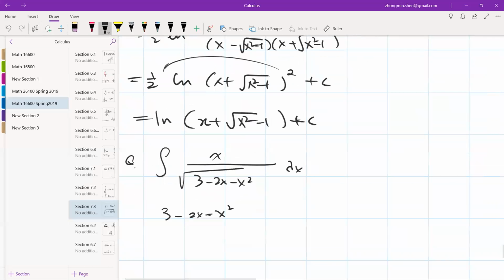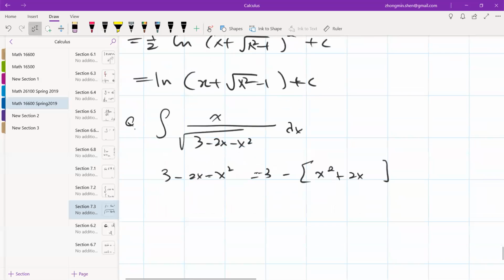You have to modify it. It's going to be minus (x squared plus 2x). So this will be x squared plus 2x plus 1 minus 1. Then this becomes a square. So finally, I get 3 minus, so it's 4 minus (x plus 1) squared.